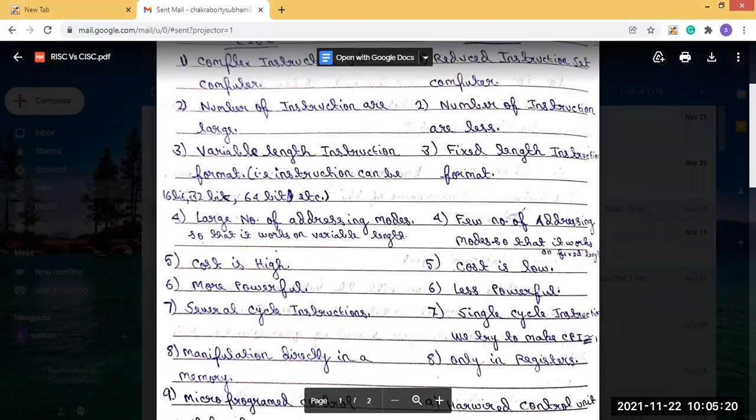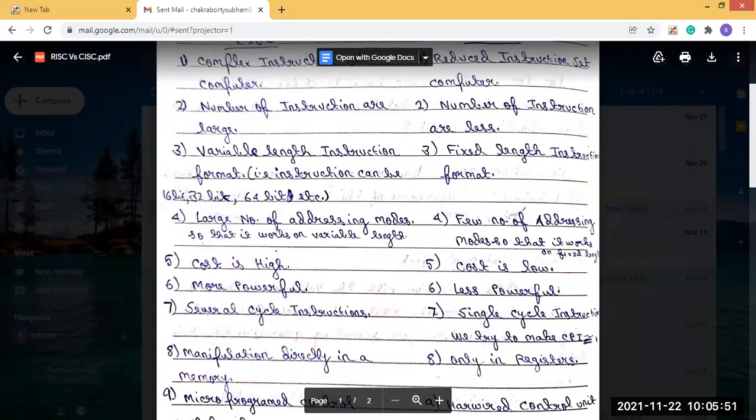We will discuss the pipelining concept today. In pipelining, there is a concept called clocks per instruction, CPI. That means how many instructions are executed per clock. We always try that in each clock, one instruction is executed, but it is not practically possible.